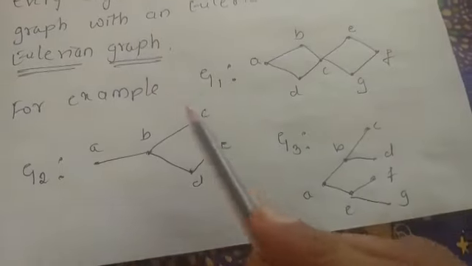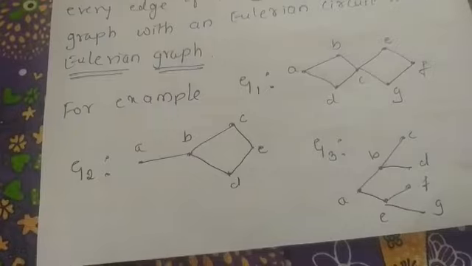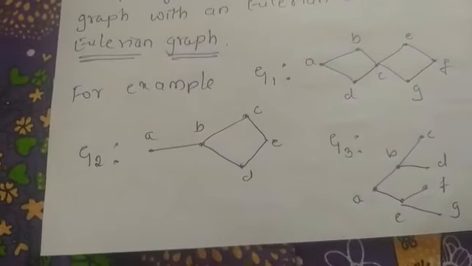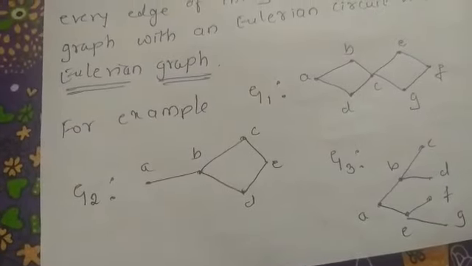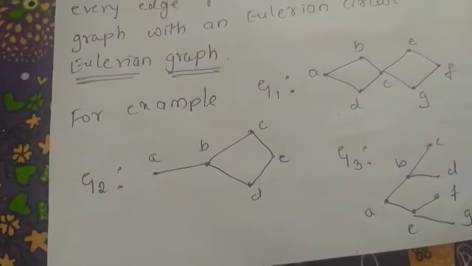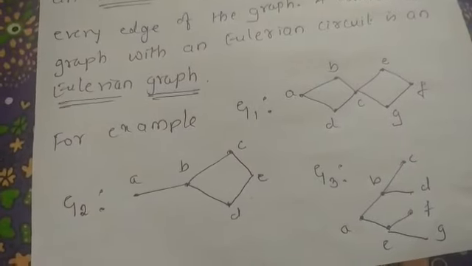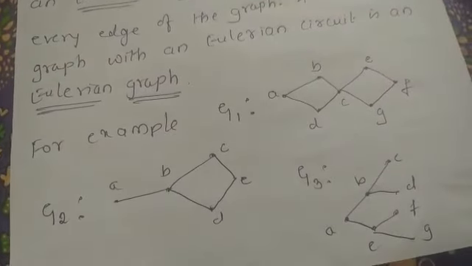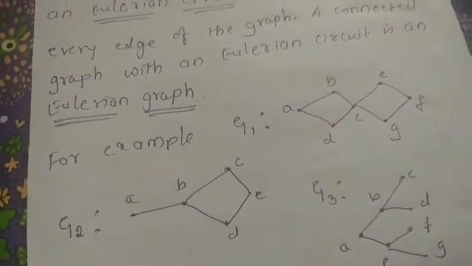So in these three examples, in G2 there is an Eulerian path, but it does not include an Eulerian circuit. So G2 is not an Eulerian graph. But G1, which we have discussed already, includes an Eulerian path as well as an Eulerian circuit.